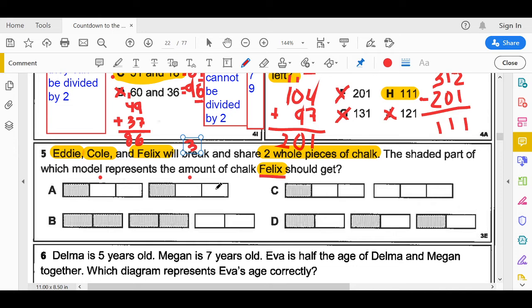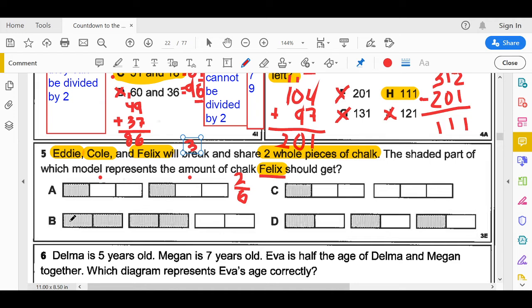So right here, we have 6 parts in total. 1, 2, 3, 4, 5, 6. And we have 2 shaded. So that is 2 parts out of 6. First, I'm going to do the fraction for all the answers, and then we're going to check the options.